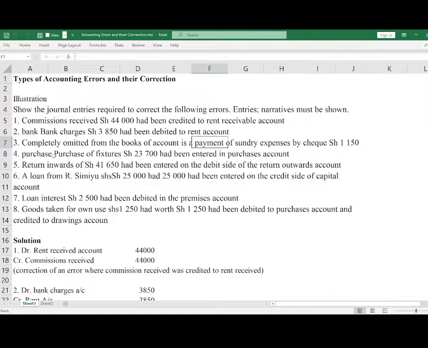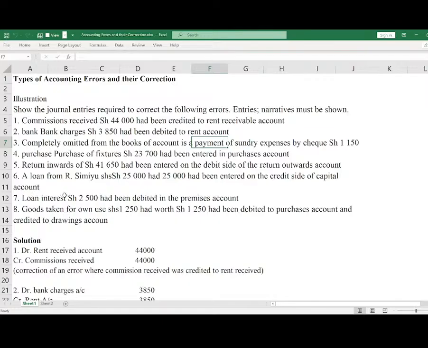Then purchase of fixtures 23,700 had been entered in the purchase account. Return inwards of 41,650 had been entered in the debit side of the return outward account. Then a loan from ASMU shilling 25,000 had been entered in the credit side of the capital account.